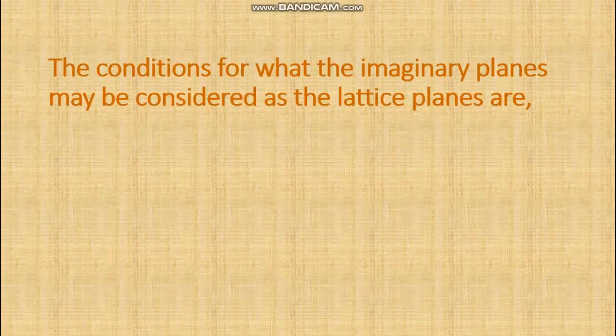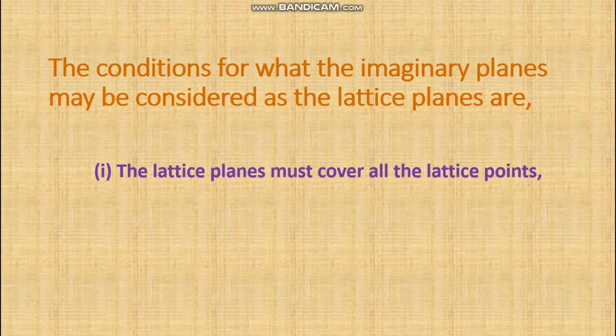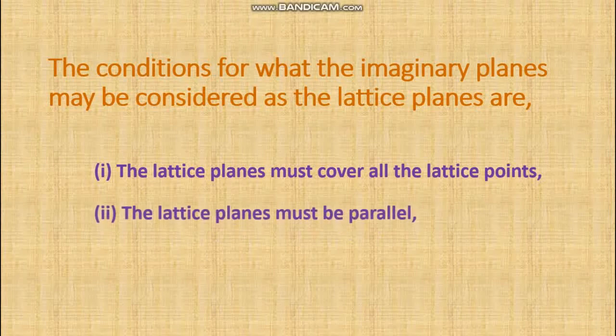So what were the conditions for what the imaginary plane could be considered as the lattice planes? There had been three conditions. The first condition was the lattice planes must cover all the lattice points. That means no lattice point should be left uncovered. The second condition of being a lattice plane was that the planes must be parallel.